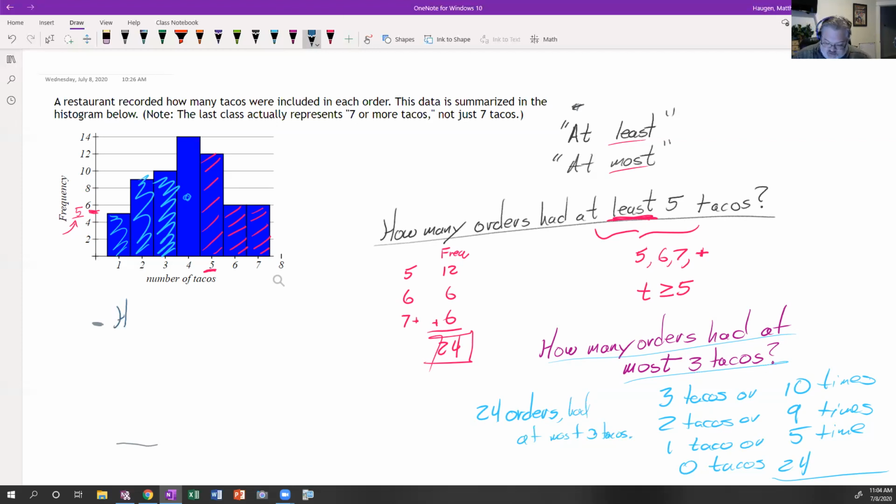If we change this to how many orders had more than 3 tacos, decide what you do for that.